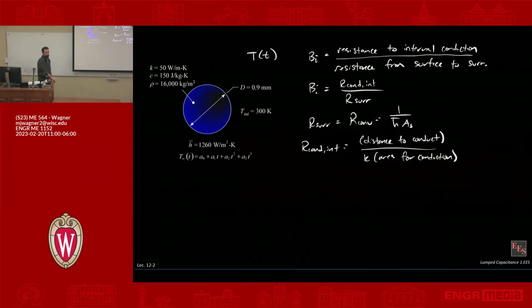So I'm writing it this way because it's not entirely clear what my distance should be. I suppose you could make a case that the farthest that heat would possibly have to travel inside the sphere would be from 0 to the outer radius. That's true, but it's not necessarily reflective of the average distance that heat has to go, which is maybe more important for estimating the temperature drop. So there is a rule of thumb that you can use on transient problems to estimate the distance to conduct.